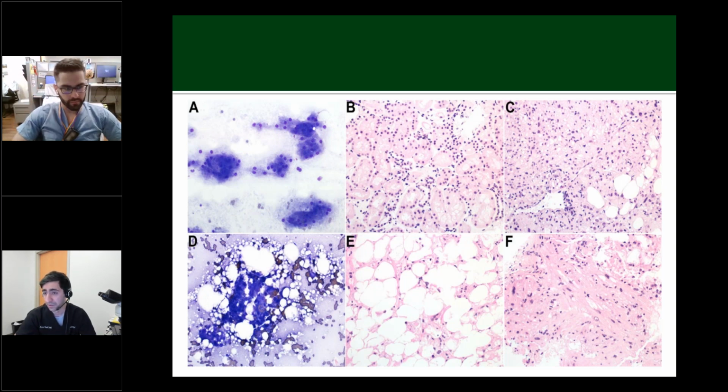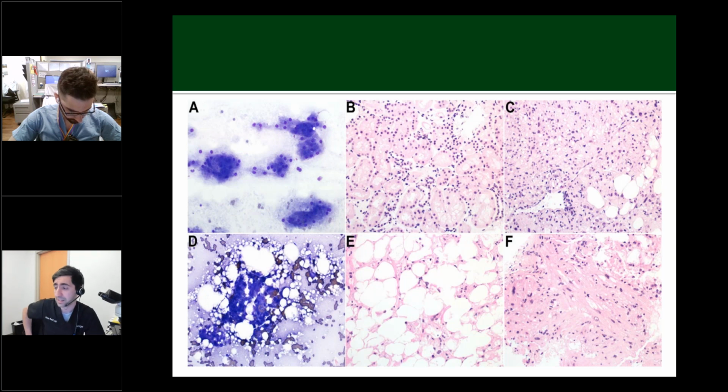In figure A, the touch prep shows numerous cells with abundant eosinophilic cytoplasm around the nucleus. In B, the H&E section showed numerous proximal tubules with occasional fragments of angiomyolipoma, and in part C you see the fat cells there.